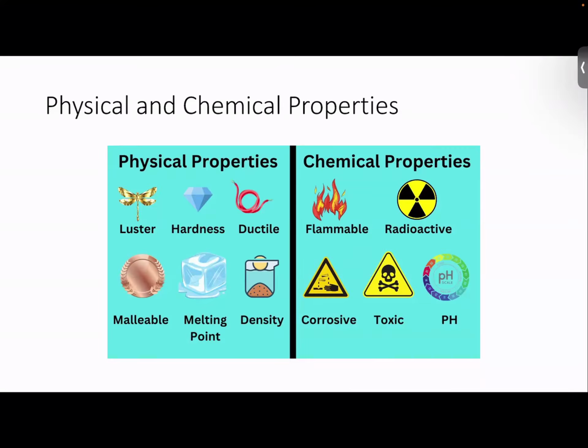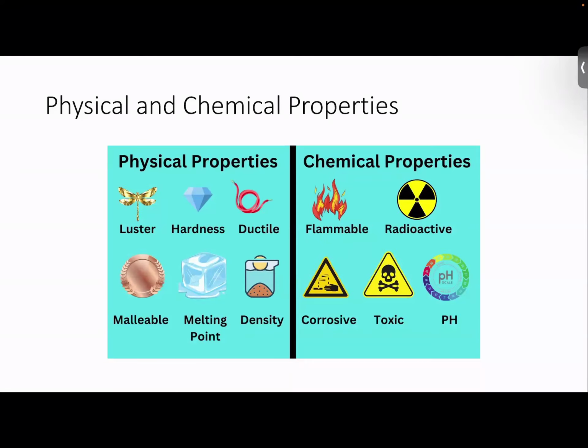But chemical properties, again, you can only determine those by observing the chemical change. Is a substance flammable? Is it radioactive? When we were doing the radioactivity experiments earlier this semester, those substances like strontium and cesium, they were giving off radioactive particles.